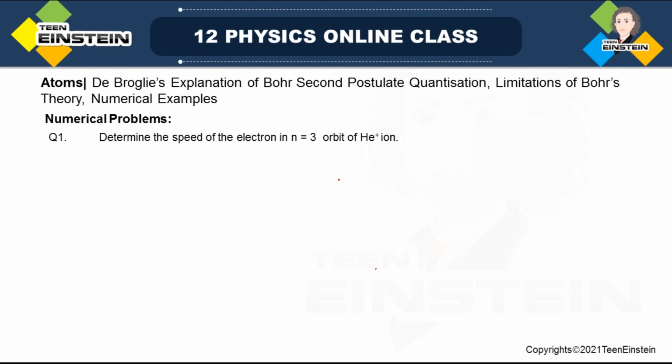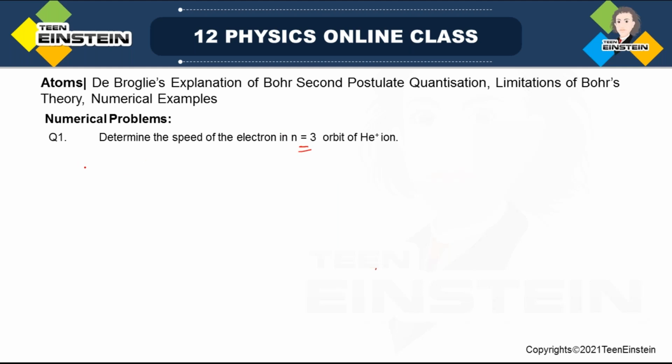So to solve this problem, first of all, you should remember the formula for the velocity of any Bohr orbit. That can be written as V is equal to speed. So see, nth orbit we have to find out.